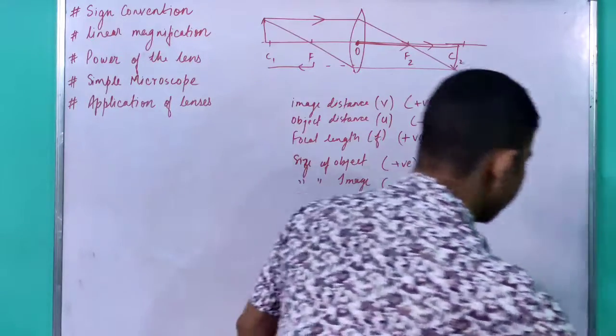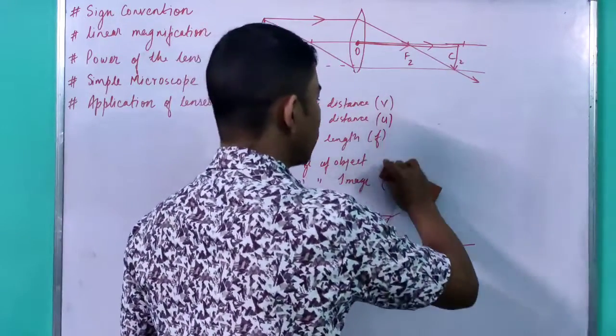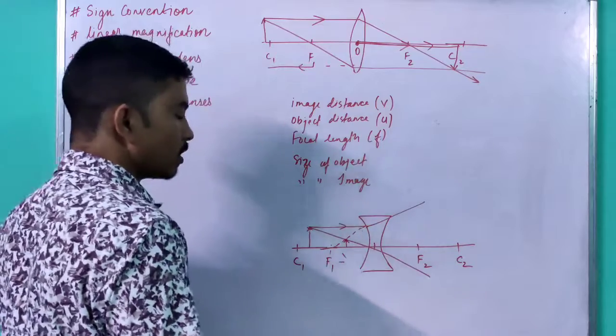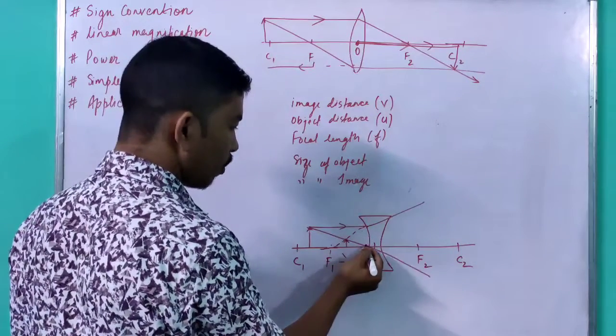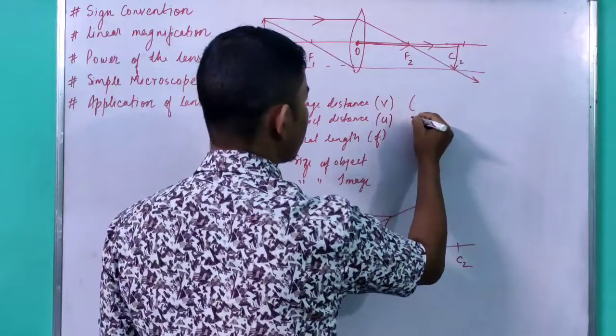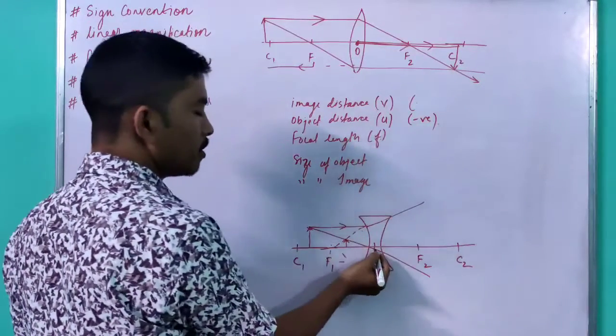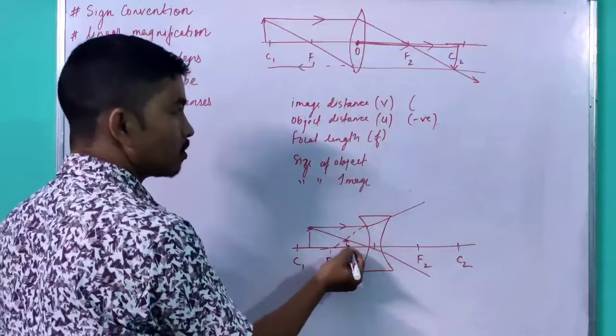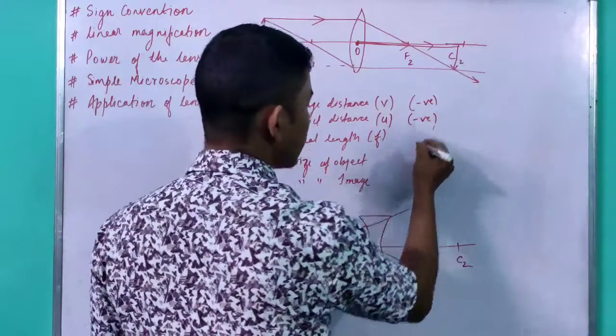Now in this case, considering the distance of the object, it is opposite to the direction of the incident ray, so it will be negative. The image distance is also measured in the direction opposite to the incident ray, so that will also be negative.